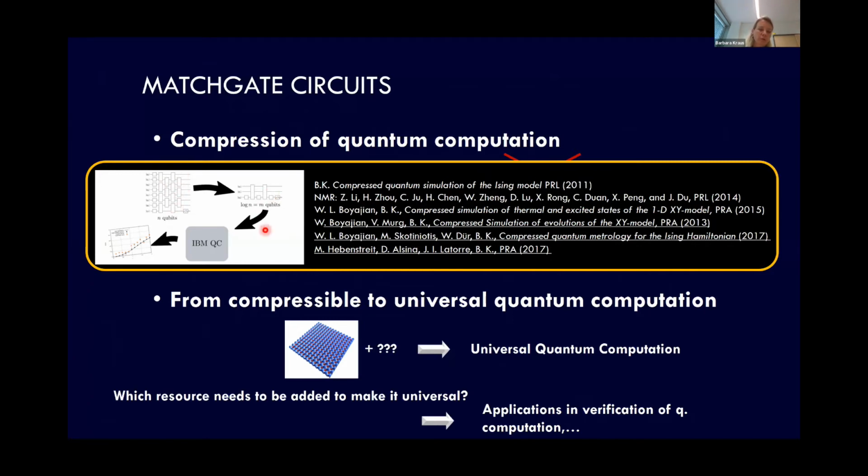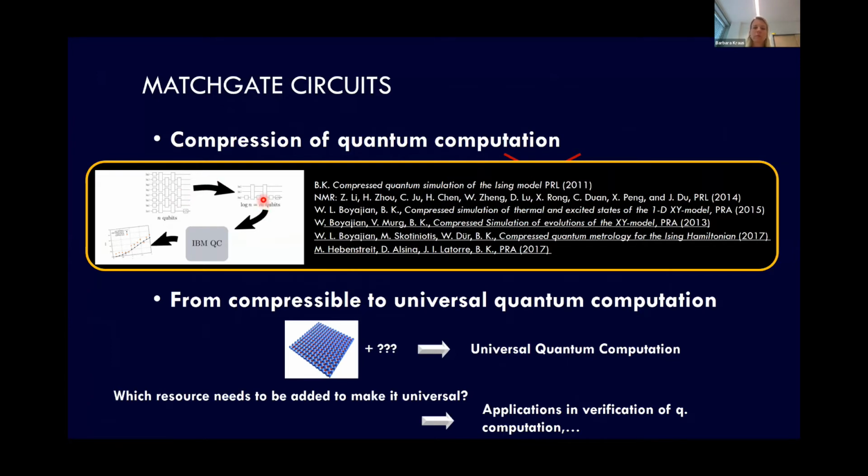And we also realized it, for instance, with the IBM quantum computer. So this is telling us that match gates, these special gates that I still haven't explained, are really special because you can even compress the computation into something that is exponentially smaller.